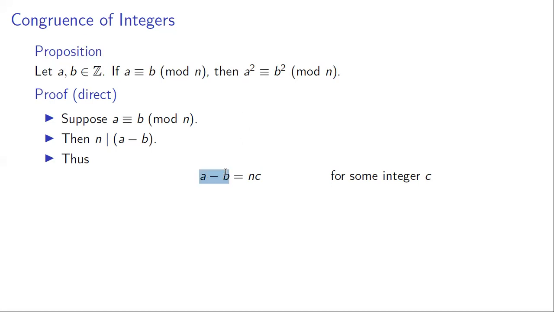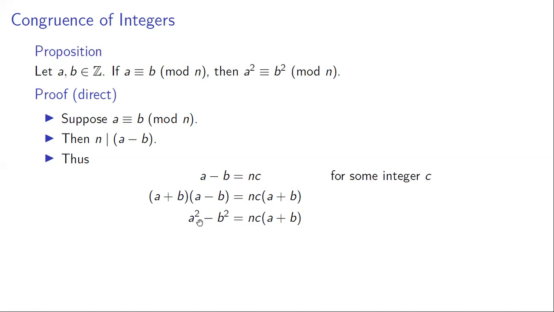Here we have A minus B. We can convert this into A squared minus B squared by multiplying A minus B by A plus B. So I'm going to take A minus B, multiply it by A plus B, and then multiply the other side by the same thing. If I do the multiplication, I come out with A squared minus B squared equals n times C times A plus B.